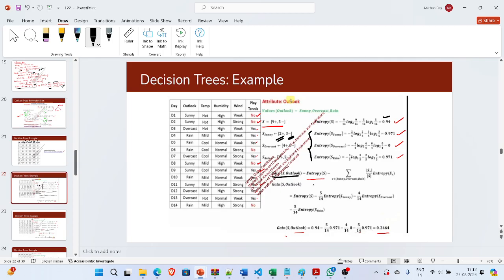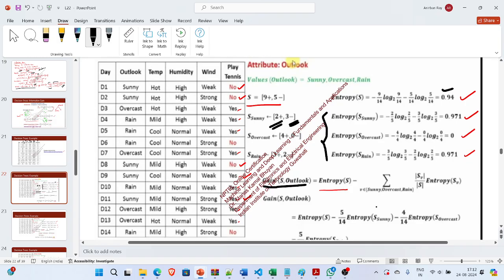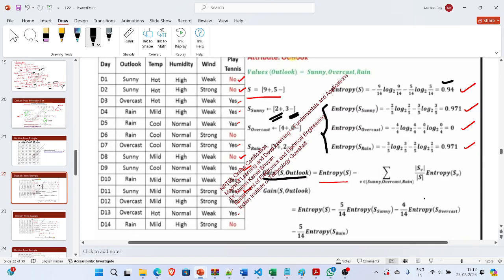So this is the entropy of S, as you can see. You're summing over this, and this is the Sv by S. So how do we define that?